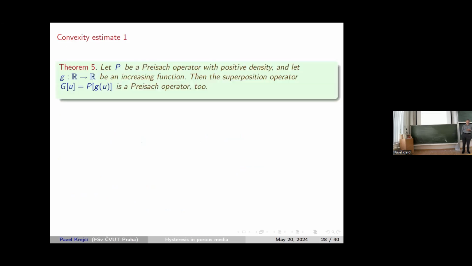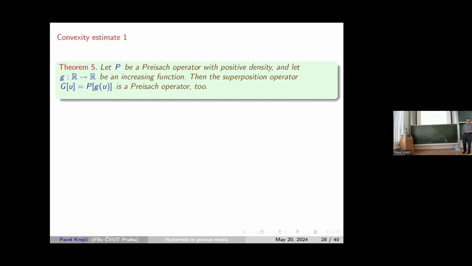Now, so again, the only possibility is the convexity estimate, but we need to extend the convexity technique to a larger class of operators. And now, there is one observation: if P is a Preisach operator with positive density, and G is an increasing function, then the superposition P applied to G of nu, equal to P of G of nu, is a Preisach operator.